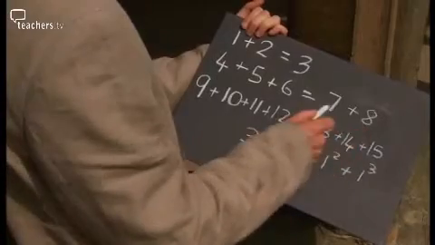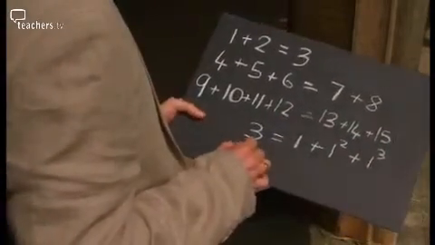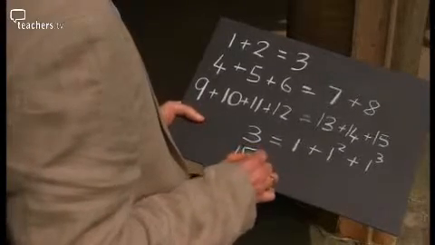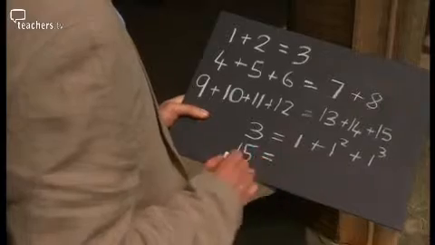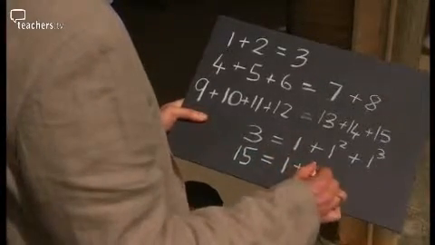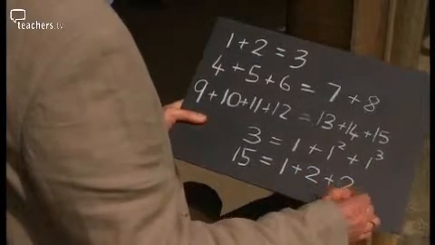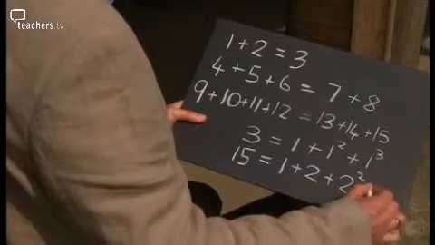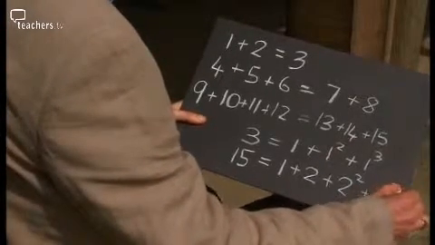In the next line I've got a total of 15. So let me write my 15 and break that total up. So that total of 15 is actually 1 plus 2 plus 2 squared plus 2 cubed.